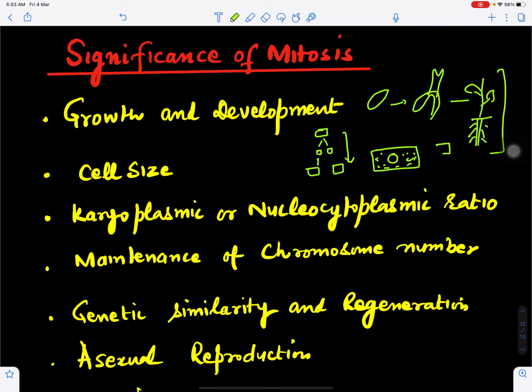When one cell divides into two cells, they are short. Later on, they will become mature and attain the proper karyoplasmic ratio. Now, if the parent cell has chromosome number 4, the daughter cell will also have chromosome number 4. If the parent cell has chromosome number 16, the daughter cell will also have chromosome number 16. So the chromosome number remains fixed for a species and is maintained throughout the generations.